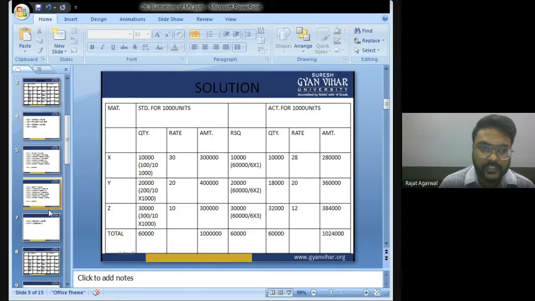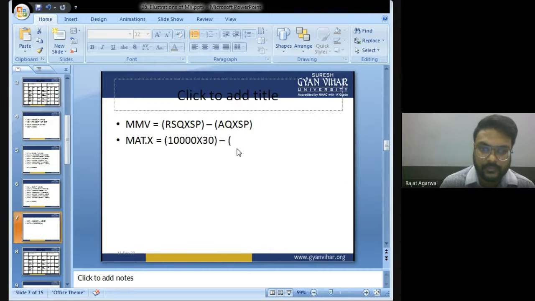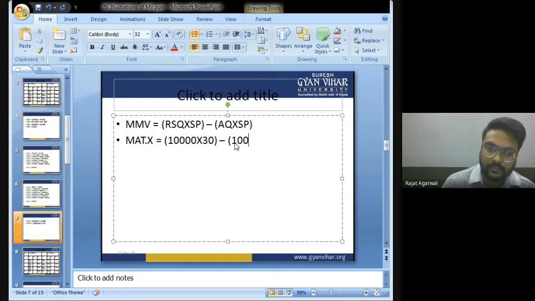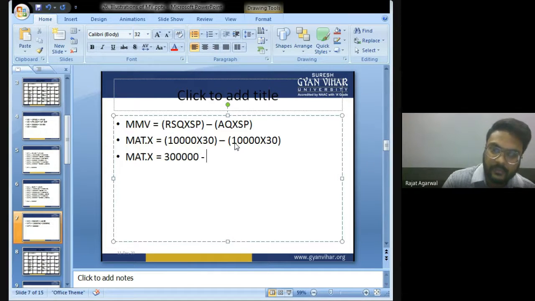Actual quantity of X is 10,000, standard price is 30. So 3 lakh minus 3 lakh, nil.